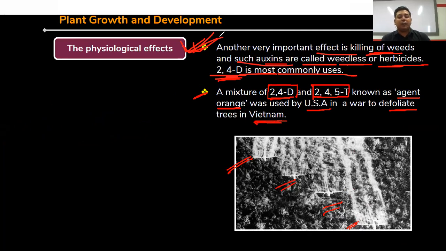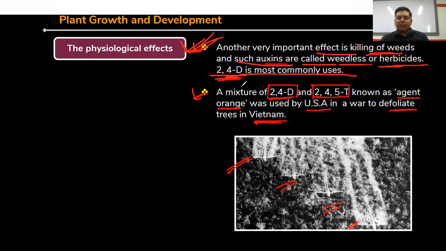This hormone is sprayed nowadays in agricultural fields throughout the world to kill the weeds or herbicides that affect our agricultural crops. So we spray a huge amount of 2,4-D to kill the weeds. 2,4-D is mainly a herbicide and weedicide, through which we kill weeds or herbs. Clear? That's all.